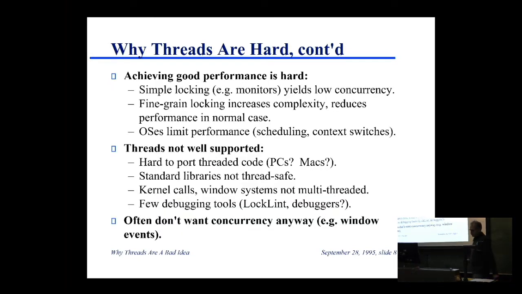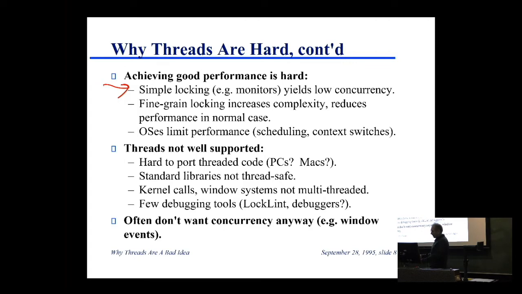More cases. Getting good performance is hard with synchronization. And this is an area that we didn't really focus on in the base course, but there's a trade-off here. Let's keep locking simple, and what I mean by simple is coarse-grained locks.